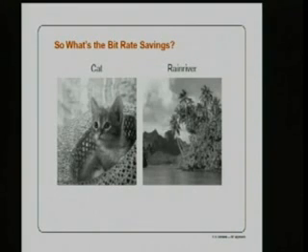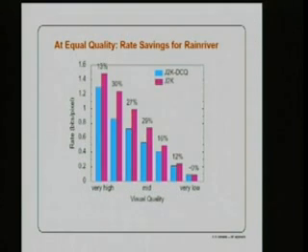I don't think you can see that on this picture, but he's got a lot of fur. The whiskers are very, very fine, and you have to keep those around. But when we go to the Rain River image, this is where we start to see gains in the 30% range. We've since tweaked this so the gains are closer to between 20 and 30% across the board. So if we take into account how we see, we can do a lot better.